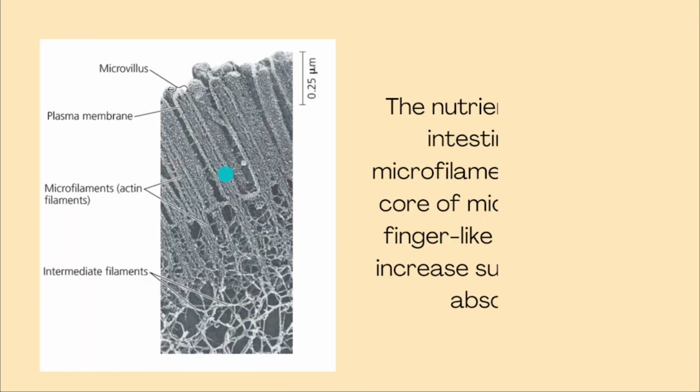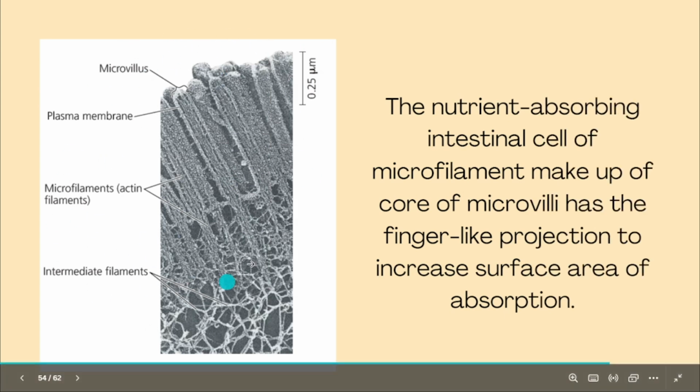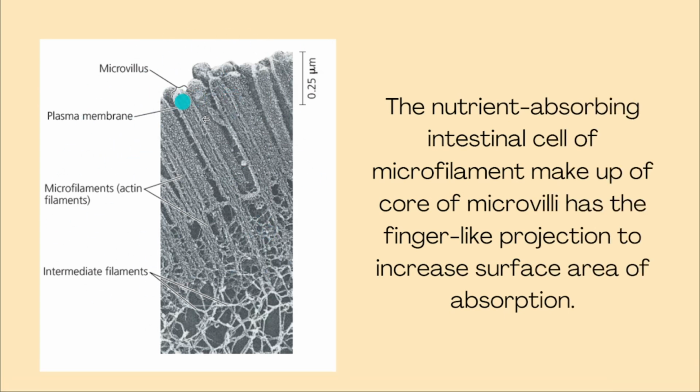So I will show you here the microscopic structure of the small intestine. If you still remember, in your SPM you learned about small intestine absorption. You know the small intestine contains many finger-like projections like this to increase the absorption rate. All these finger-like projections are actually caused by the microfilament, the actin filament.